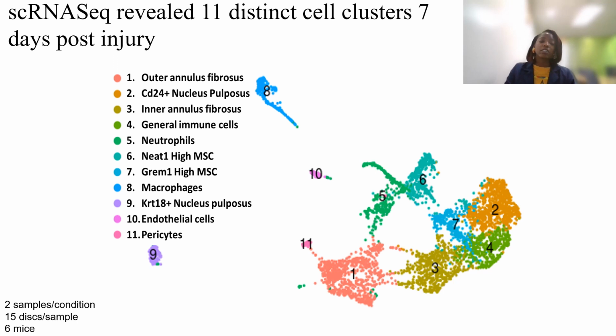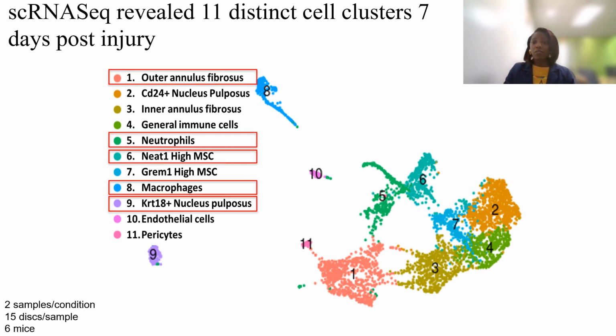So we conducted single-cell RNA sequencing at this time to determine the transcriptomic changes that are driving the shift from a pro-inflammatory to a proliferative microenvironment. We found that of the 11 cell clusters present in both control and injured discs, 5 clusters expressed over 94% of the differentially expressed genes, or DEGs.